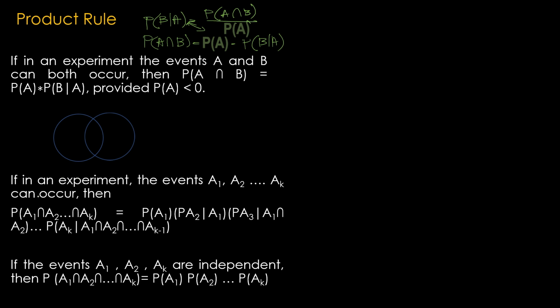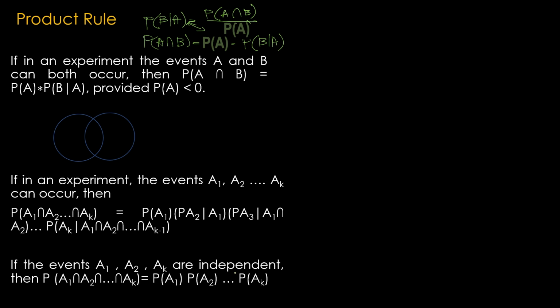If in an experiment the events A1, A2, up to Ak can occur, then the probability of the intersection of those events is equal to the probability of A1 multiplied by the probability of A2 given A1, multiplied by the probability of A3 given the intersection of A1 and A2, so on and so forth.